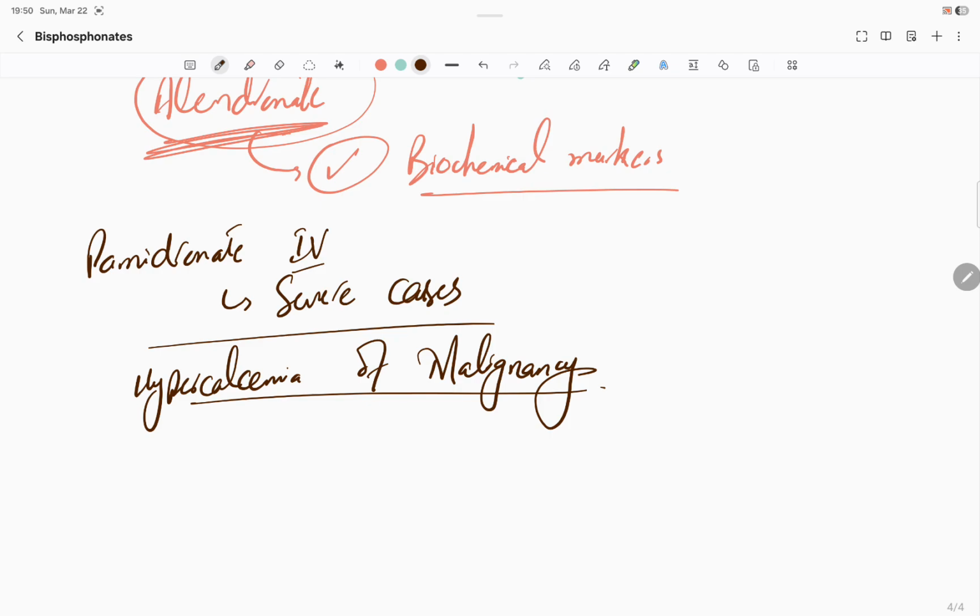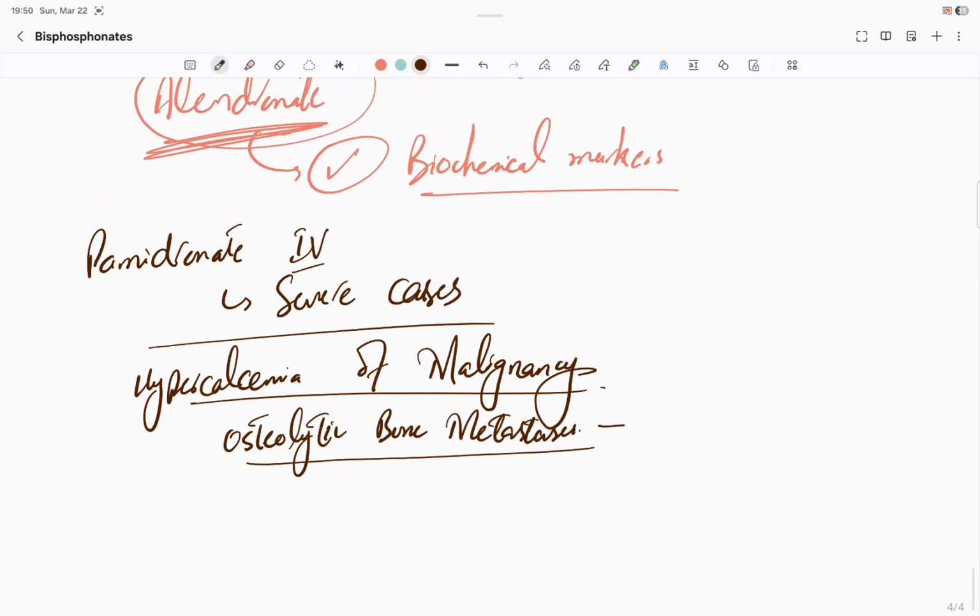Well, as I have told you that there are certain malignant conditions. Malignant conditions mean certain types of cancers in which there will be osteolytic or resorptive activity. So one of the conditions is osteolytic bone metastasis. In this indication, calcium level is high. Why?